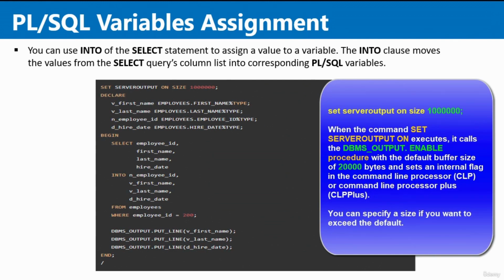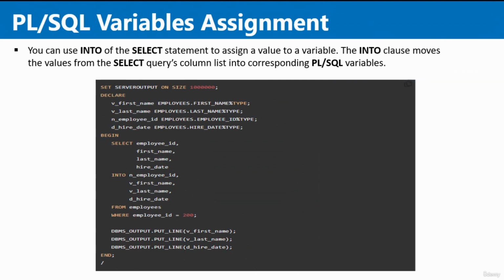So you can use the INTO clause of the select statement to assign a value to a variable. The INTO clause basically moves the values from the select query's column list into the corresponding PL/SQL variables.